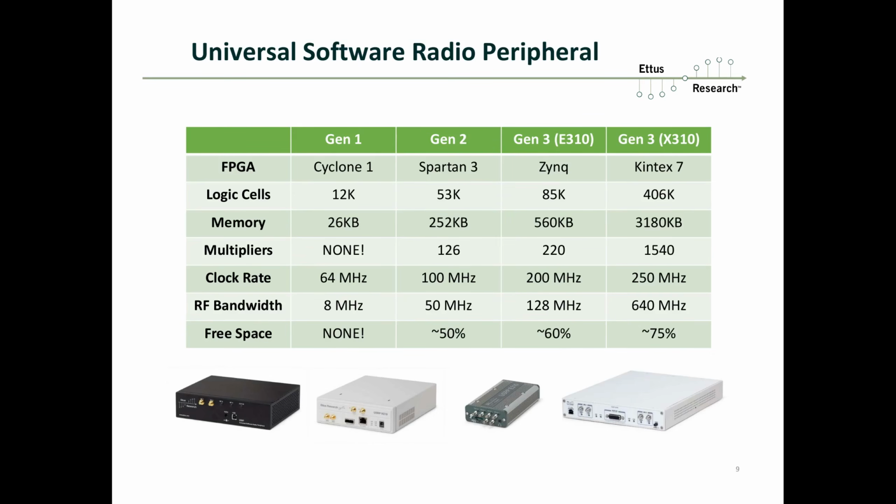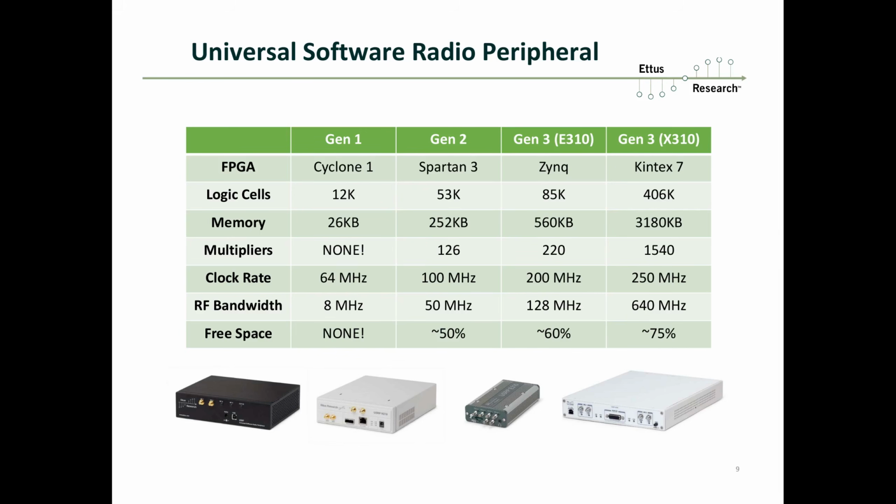The table on this slide shows the resources and clock rates for the FPGAs in successive USRP devices. The Generation 1 FPGA was small and slow, and there was no space for any user-defined logic. The Generation 2 FPGAs were somewhat faster and larger, and provided at least some resources for the user-defined logic.